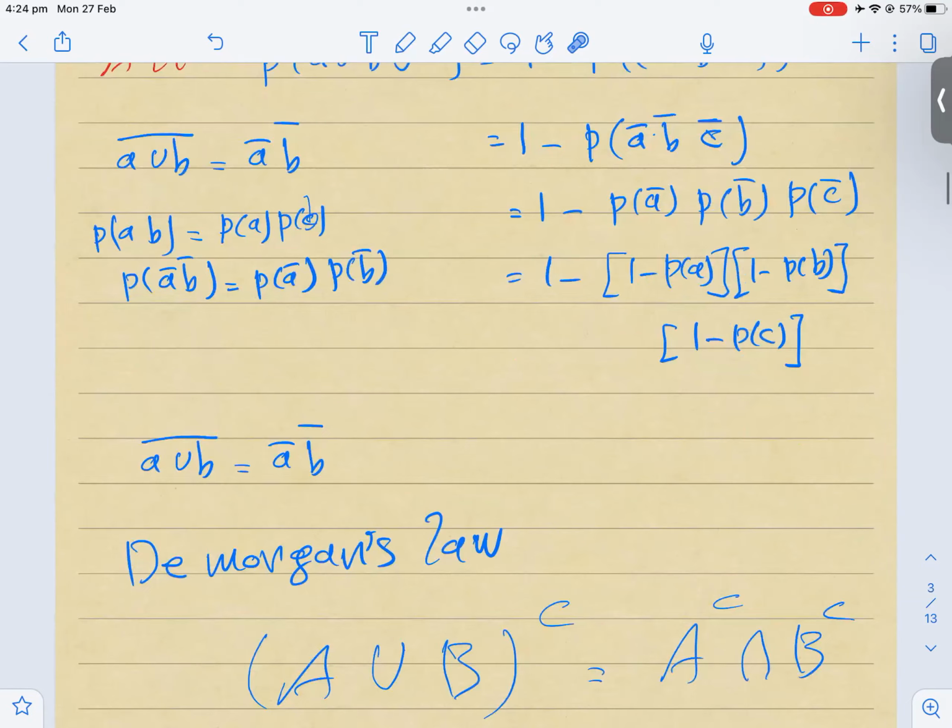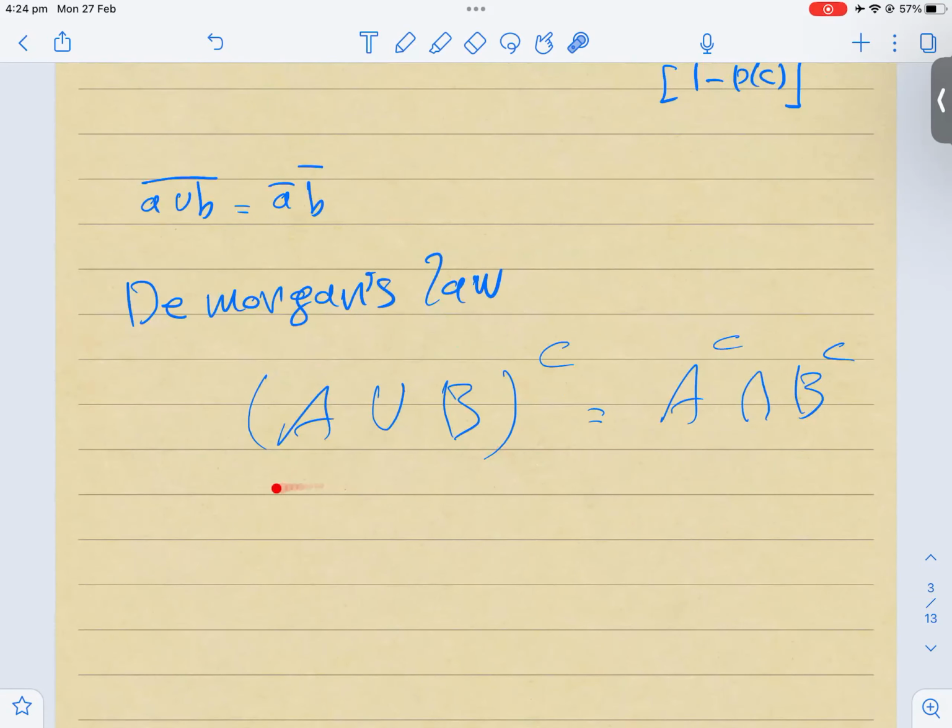Do you see this one here? A union B complement is equal to A complement intersection B complement. Have you seen this? Have you heard about De Morgan's law?